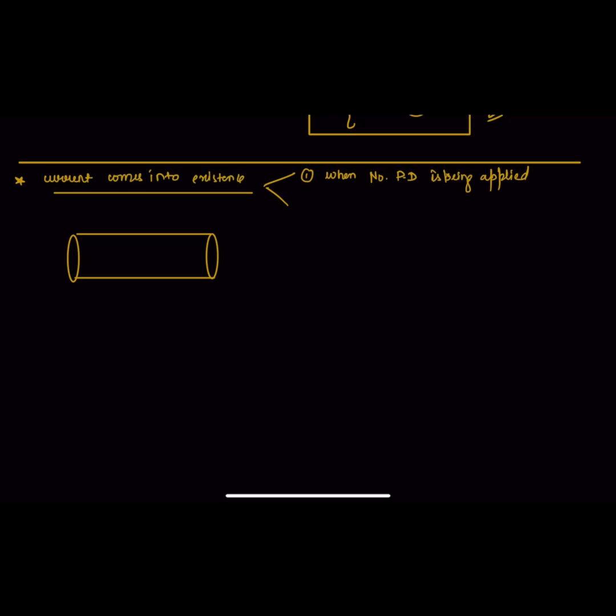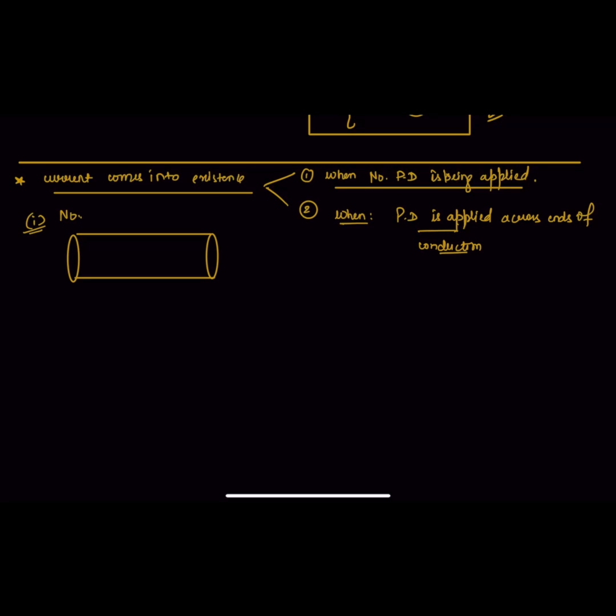And second, when a potential difference is applied across the ends of the conductor. Let us take the first case, when no potential difference is applied.